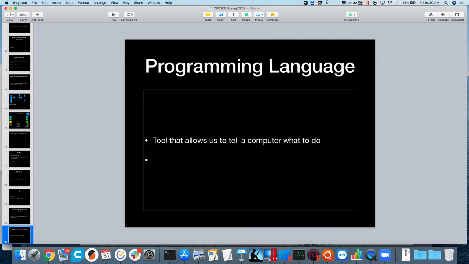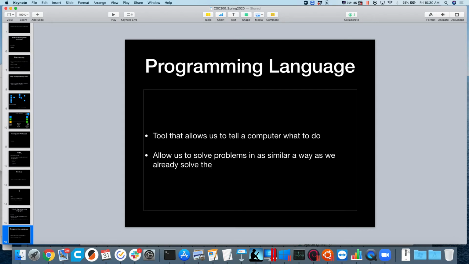So we want our programming languages to allow us to solve problems in as similar a way as we already solve them in real life. We're already professional problem solvers in real life. We're already used to solving problems all the time.